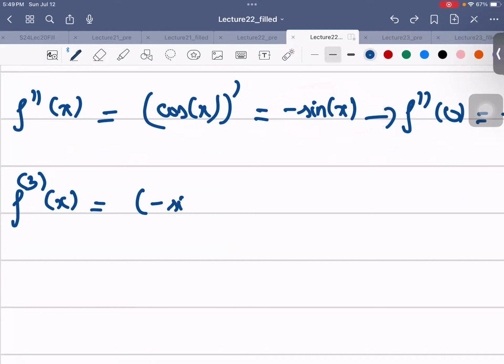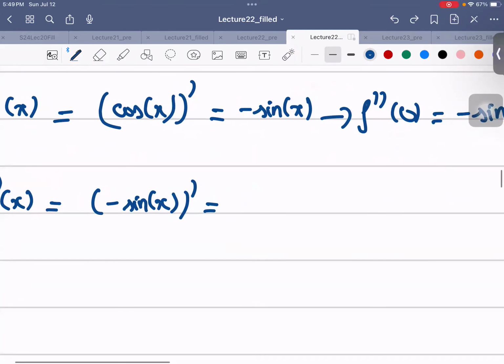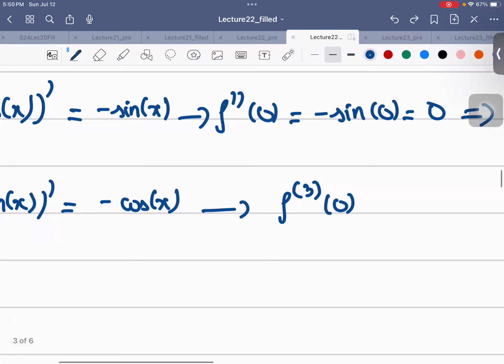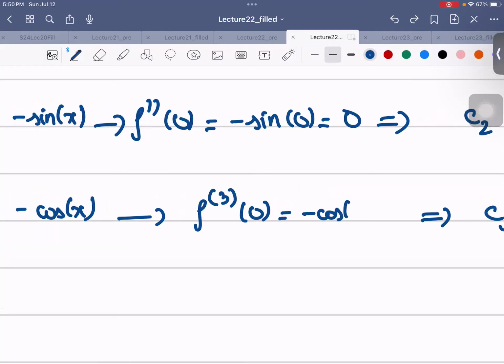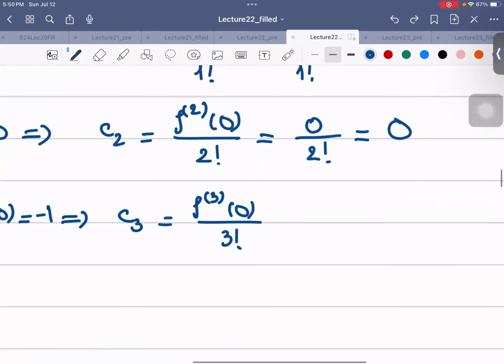I have negative sine of x, and taking one more derivative, I have negative cosine of x. So the third order derivative at 0 will be negative cosine of 0, which is negative 1. So C3 will be negative 1 divided by 3 factorial.